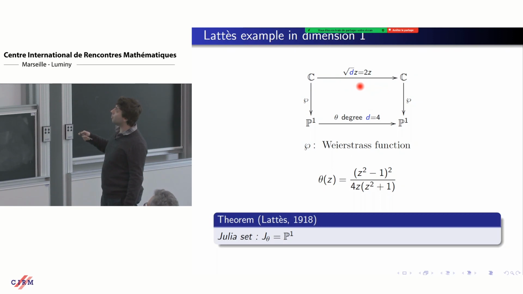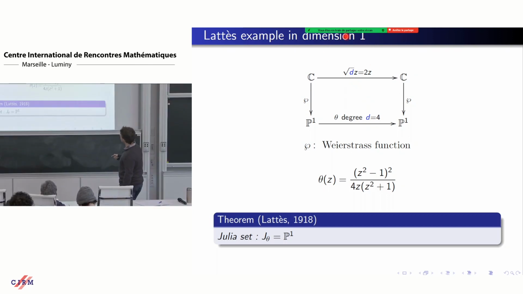And you have, and the definition is that you need the linear part to be a multiplication by the square root of the degree of the mapping. And the vertical map here has to be some covering, holomorphic covering map. So here, for this particular historical example studied by lattice, you can take the Weierstrass function.